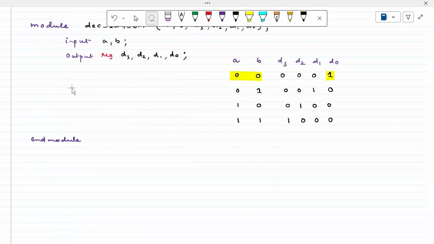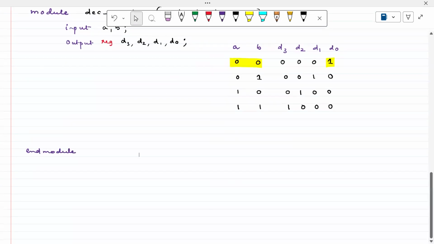Delete this. So what is the first thing that I need to write? If you want to start a behavioral model, what is the first thing that you should write? Always statement, right? Let us write the always at the rate of. So when the input changes, the output will change, right?